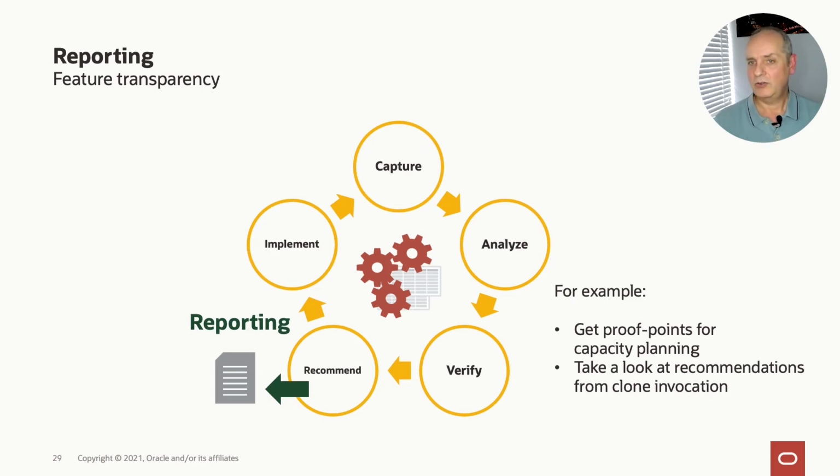So you may use it, for example, to get proof points. If you're capacity planning, it will tell you the difference in performance of your queries individually if you want. So you can get a very fine level of detail if you want it. The numbers are there if you want to look at them. There's no particular need to do that, but as I say, it is there.